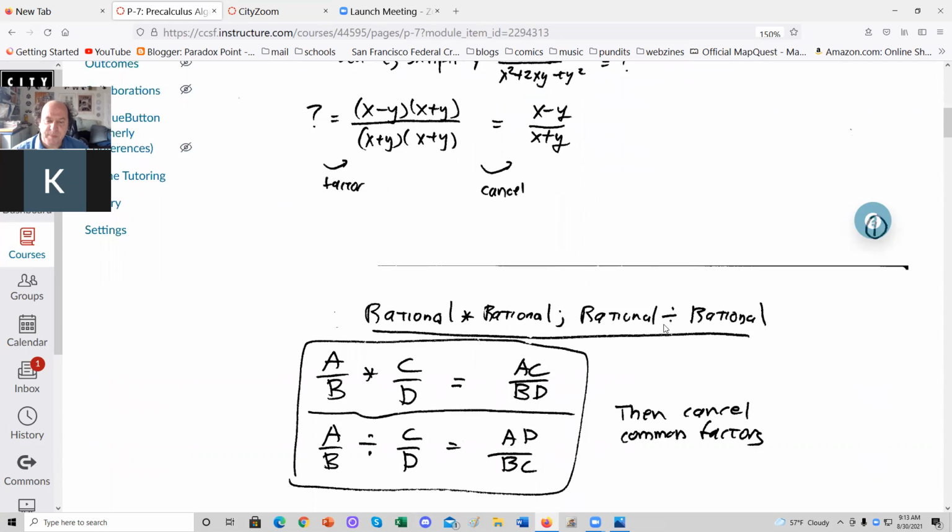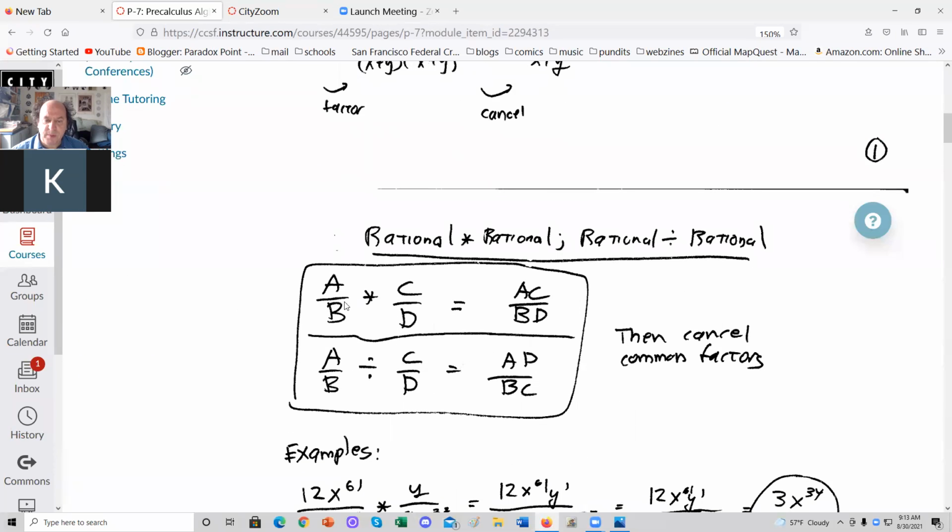over x plus y. You can multiply rational expressions by multiplying across with the numerators and across with the denominators, and then cancel common factors. You can divide a rational expression by another by flipping the second ratio over to d over c, and then multiplying across, ad over bc.